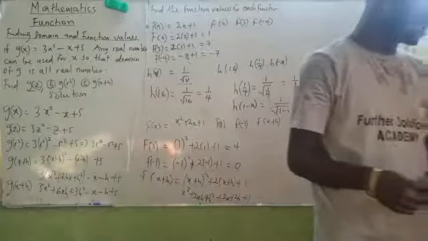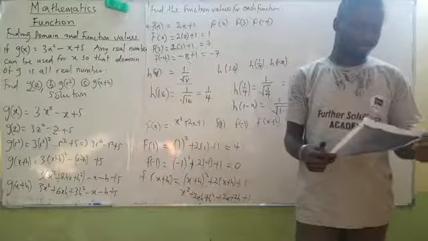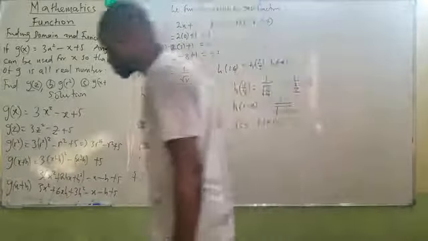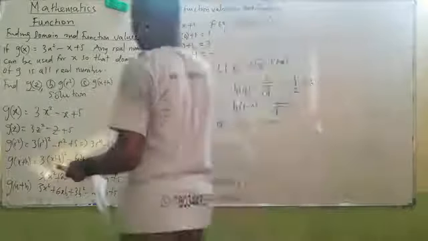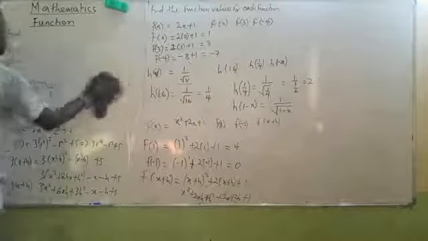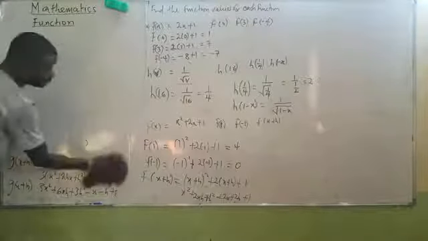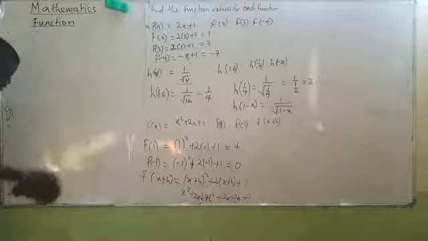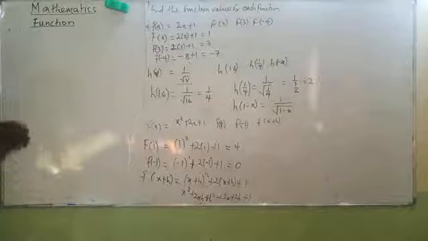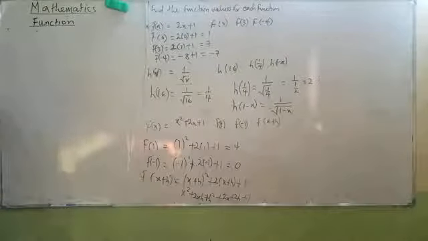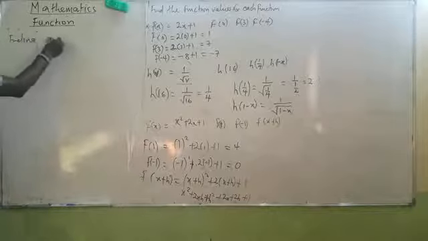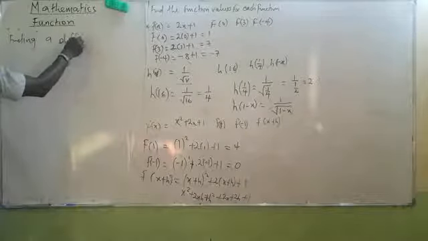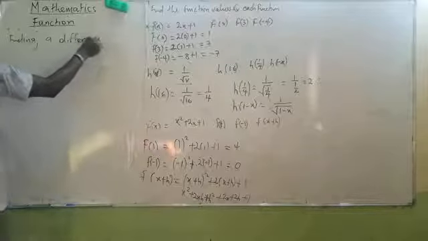Just try, and if at all you have any problem, try to find out before I end. I have something here to show you, which is called the difference quotient.